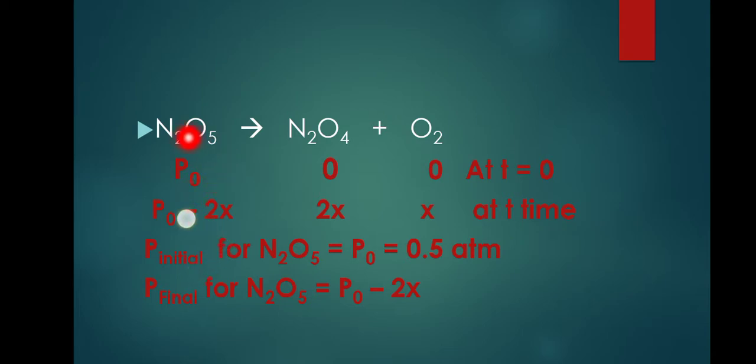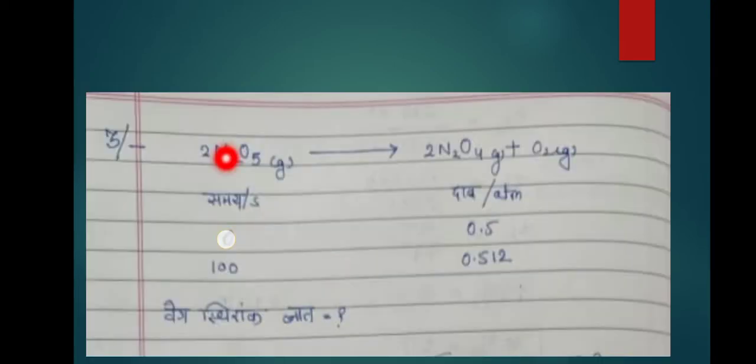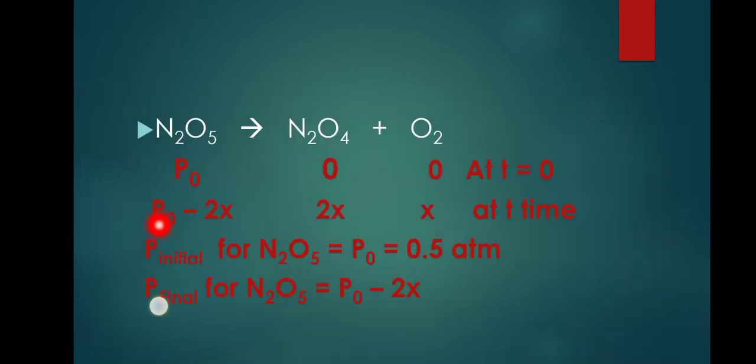After time t, in the reaction 2N2O5 gives 2N2O4 and O2, 2x moles of N2O5 decompose into N2O4 and O2.